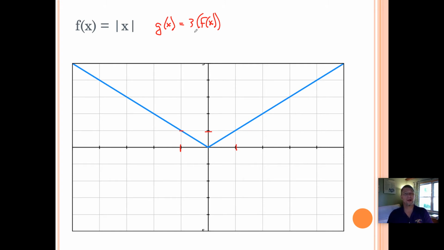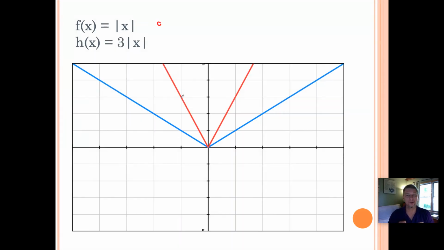Well, if I multiply the value of y by 3, if x equals 1, y is going to equal 3, and if x equals negative 1, y is going to equal 3. So if I look at the graph of h of x equals 3 times the absolute value of x, I can see that this is a vertical stretch. Every point has moved up by a factor of 3.